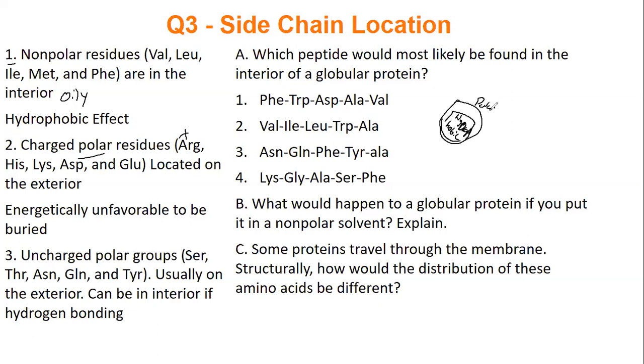And it would denature, right? Because the only thing that pushes these hydrophobic amino acids towards the center is the hydrophobic effect, where water does not want to interact with these hydrophobic molecules, so all of them go towards the center. So it would unfold if you put it in a nonpolar solvent.